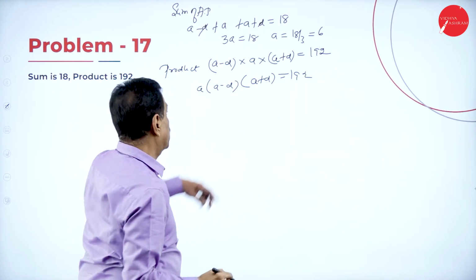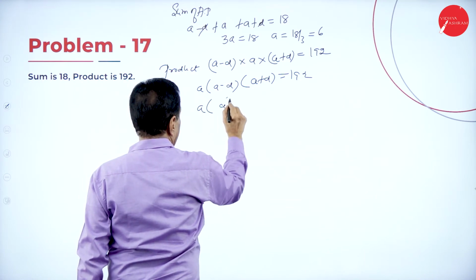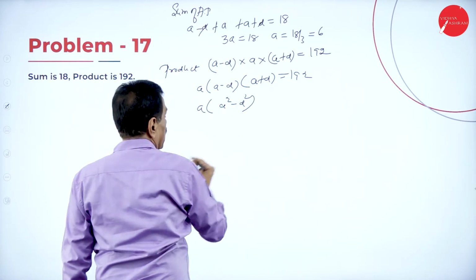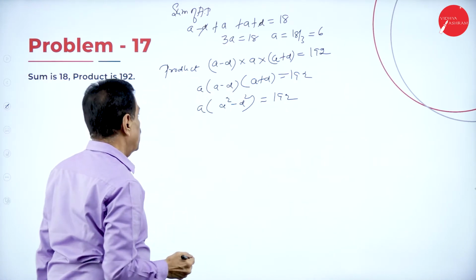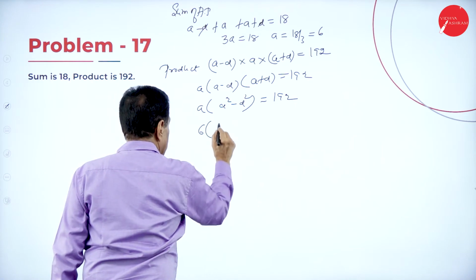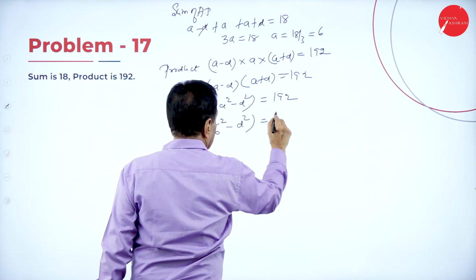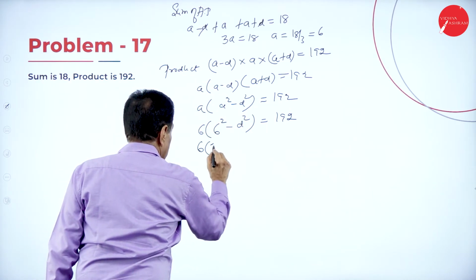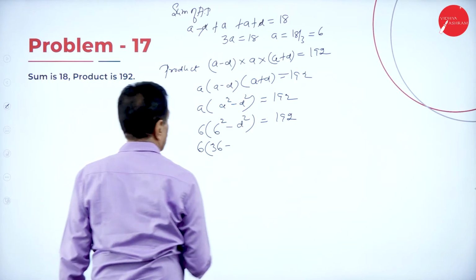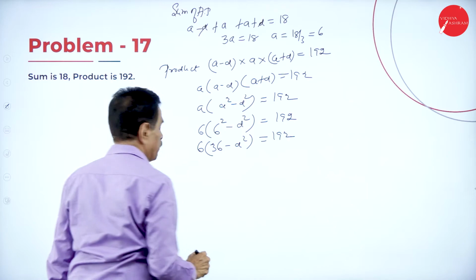What's your A? 6. This is A square minus D square is equal to 192. 6 square minus D square is 192. 36 minus D square is 192.